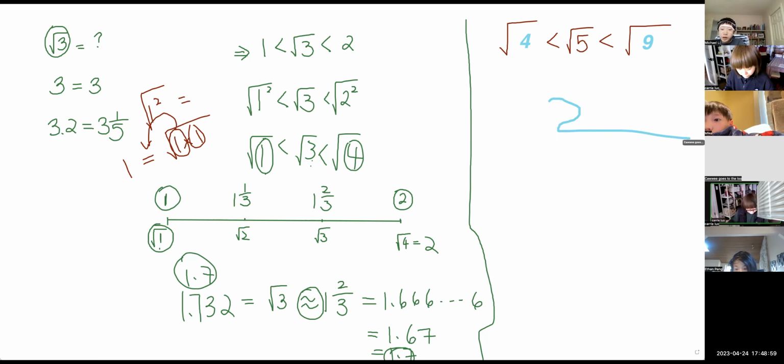The first square root equals to 2. Very good. And square root 9 equals what? 3. Very good. So square root 5 is bigger than 2 and smaller than 3. Very good. So now what's next, everybody?